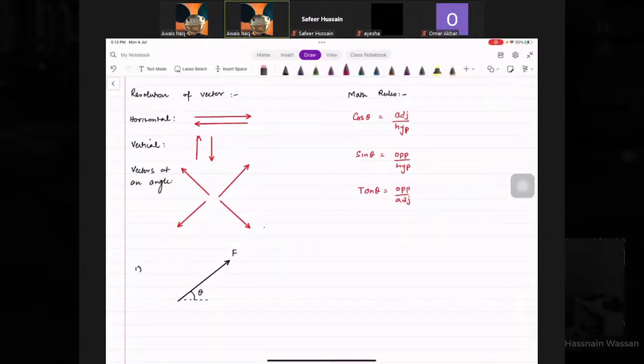What I mean by this is, in order to go in the direction that is shown, one component should be towards the right, and one component of this vector should be upwards, like this. This is the horizontal component and this is the vertical component.